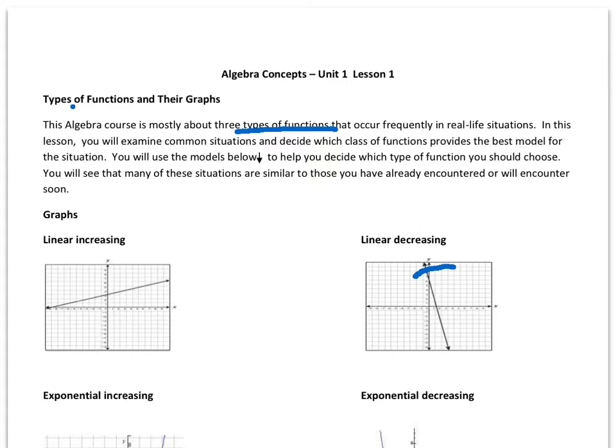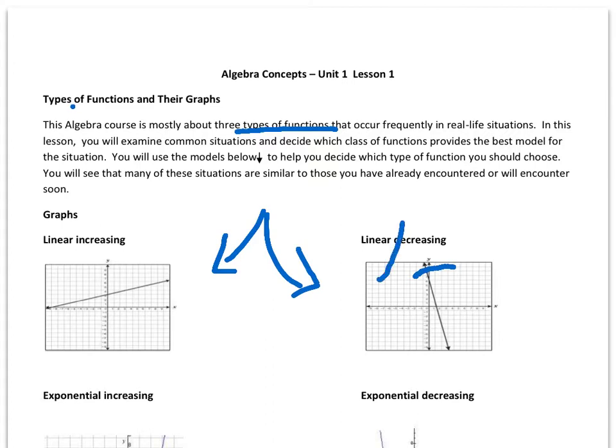In this lesson, you'll examine common situations and decide which class of functions provides the best model for the situation. You'll use the models below. You can see them here. There are 6 of them. You're only seeing 2 right now. And they help you decide which type of function you should choose.